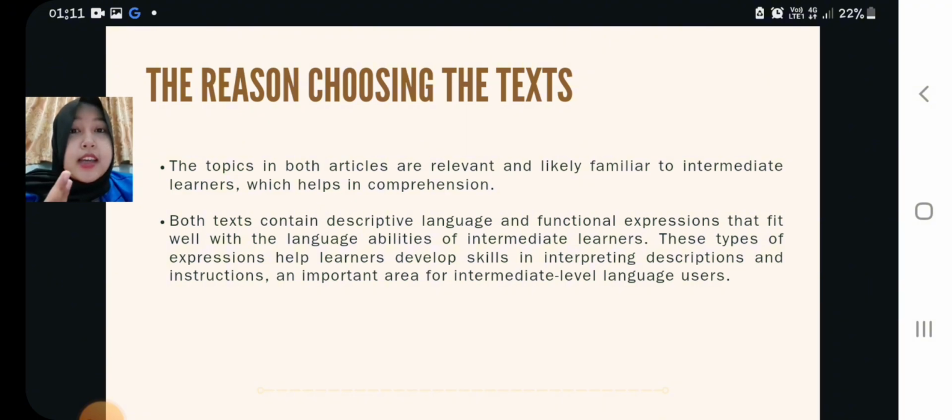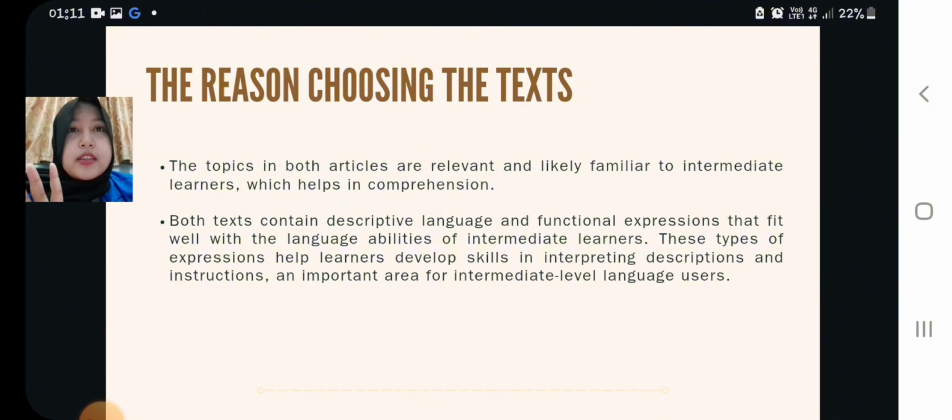And the second passage, you will remember. If you forget, I will tell you again. It's about digital health. Why I chose digital health for this test at intermediate level? Because this text is written in simple yet informative language that is accessible to intermediate levels.